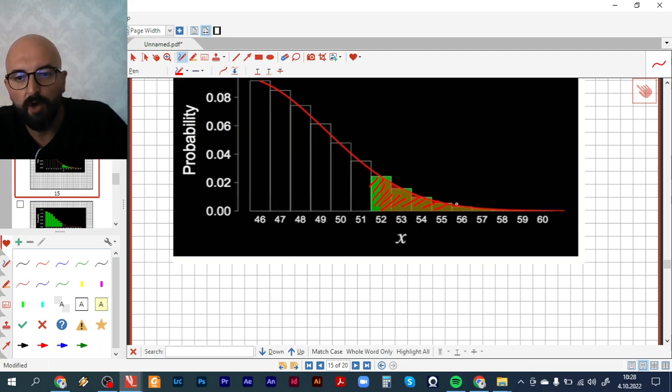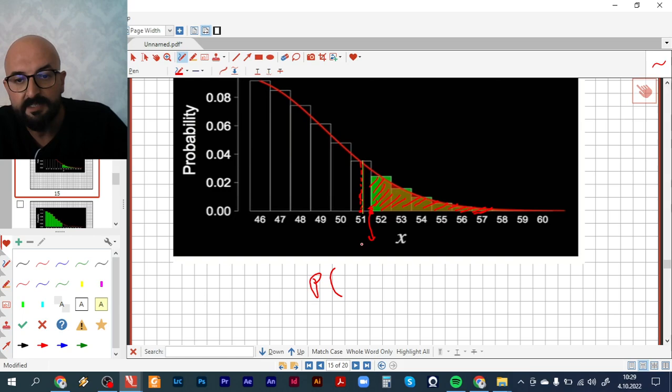We will figure out this area, and this point is 51.5, because 52 is the middle of this column, and this is 52, this is 51.